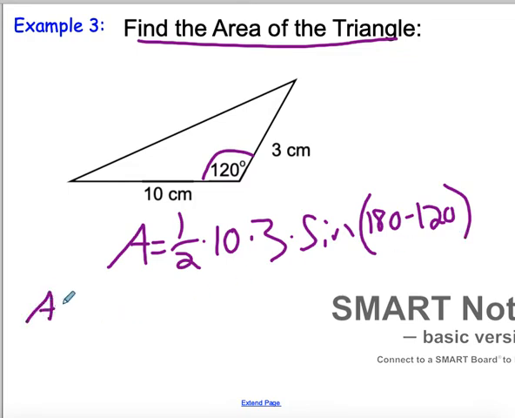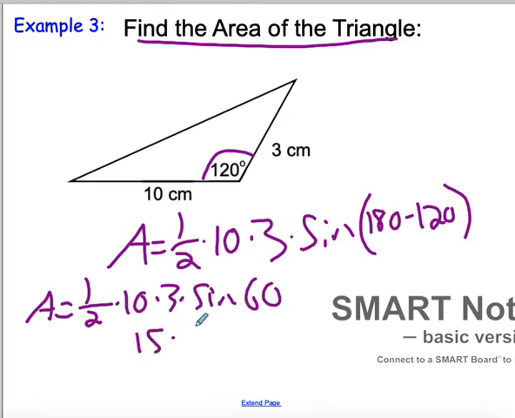So area equals 1/2 times 10 times 3 times sine of 60. Again, this is just plugging into your calculator. 1/2 times 10 is 5, times 3 is 15, times sine of 60. So that's 15 times sine of 60.